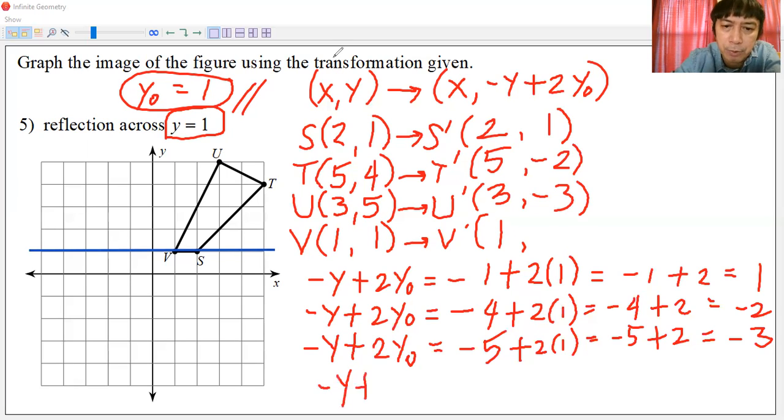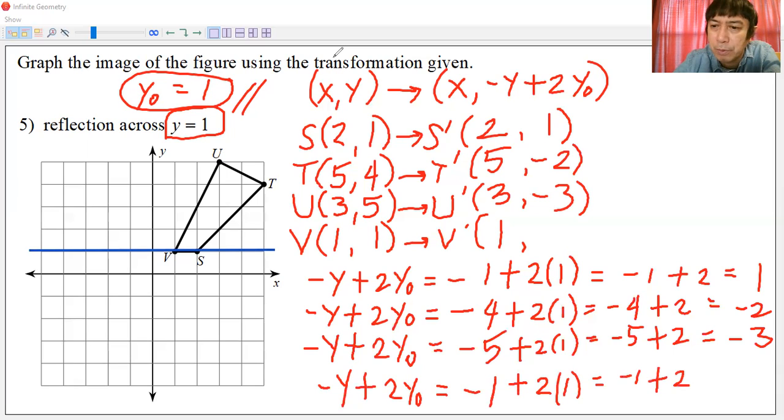Negative y plus 2 times y of 0. Negative of the y value. For point V, the y there is 1. So this must be a 1 after the negative sign. Plus the same 2 times 1 equals negative 1 plus 2, giving us a 1 value there.